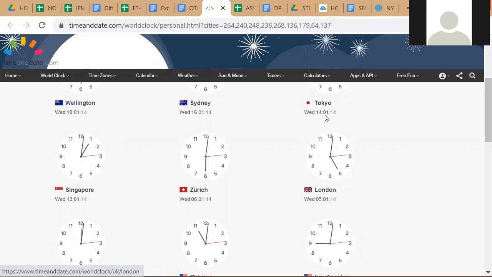The night desk of BNZ Wellington can trade with Tokyo, where it's only 2 p.m. London is not yet open. Zurich is not yet open. Generally markets open around 8 o'clock. But Singapore is open, so they can trade right now with Sydney, Tokyo, and Singapore. The night desk is open.